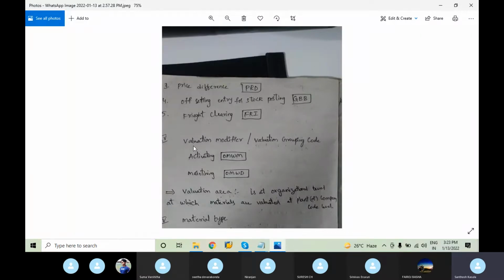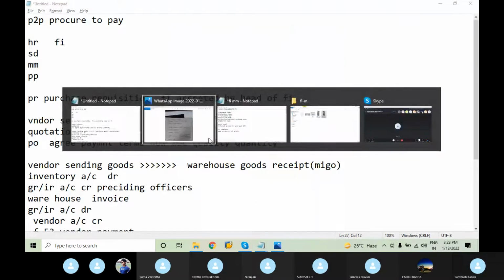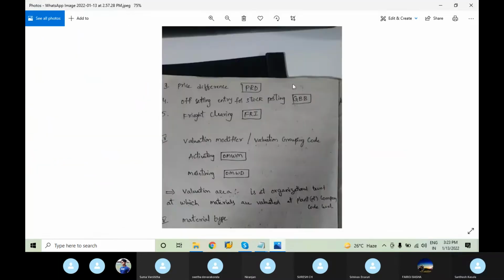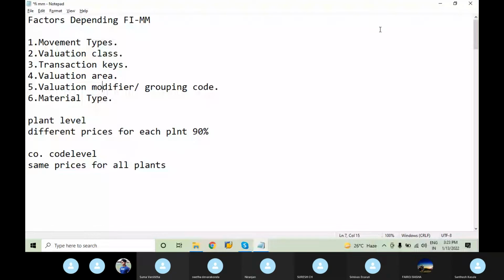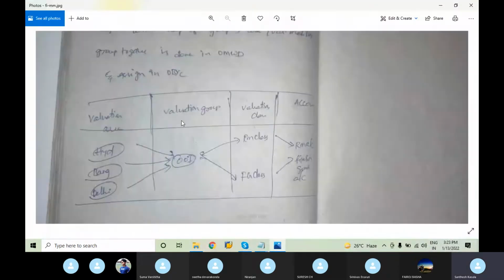And coming to the valuation modifier, valuation modifier and grouping code are the same thing. As I told you earlier, if you can see here, these are the valuation areas. We have individual valuation areas. If you define at company code level, we have all together one valuation group or grouping code.